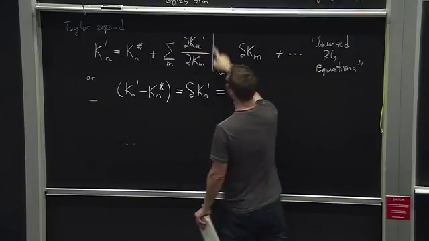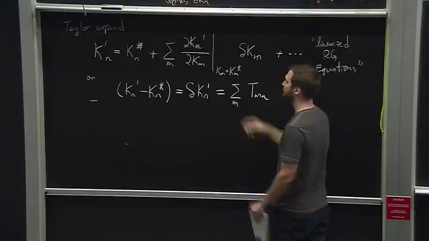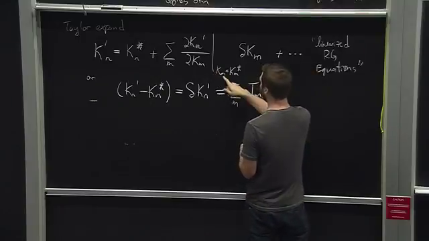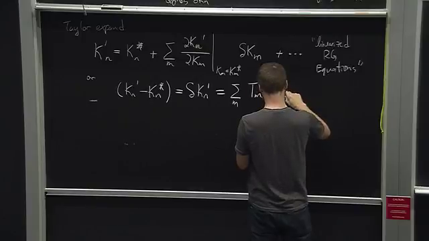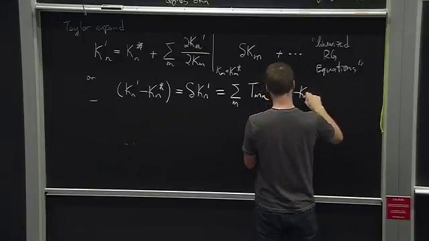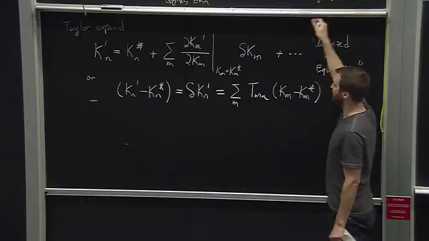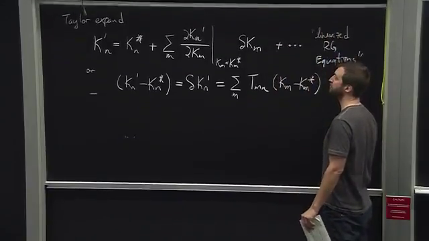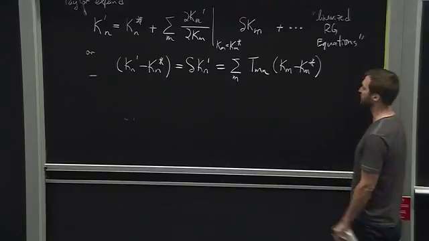And let me define this matrix element as just Tmn, evaluated at the fixed point. And I've just written out delta Kn. And again, this distance has to be small in order to justify this Taylor expansion.